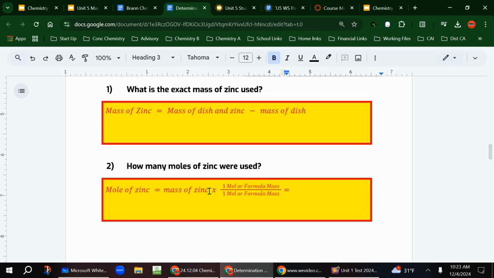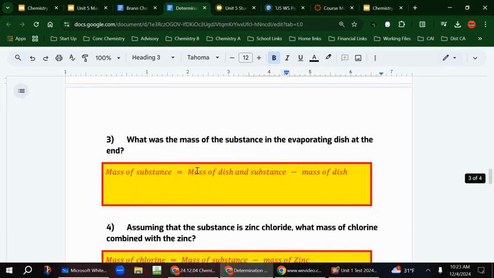Now, next, we're going to find the mass of the substance in the evaporating dish at the end. So we are going to take the mass of the dish and the substance, that's salt, the very third one, minus the mass of the dish. So we get just the mass of the salt in this case. Any questions on that? Okay.